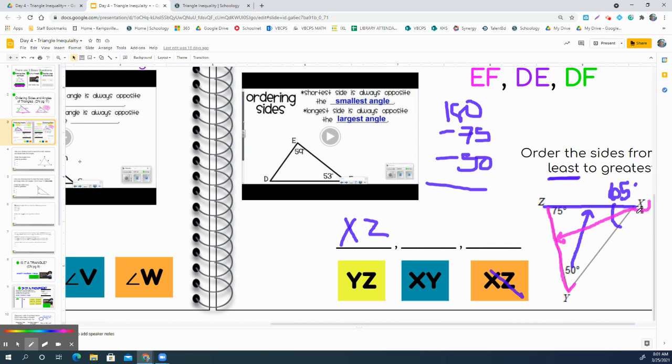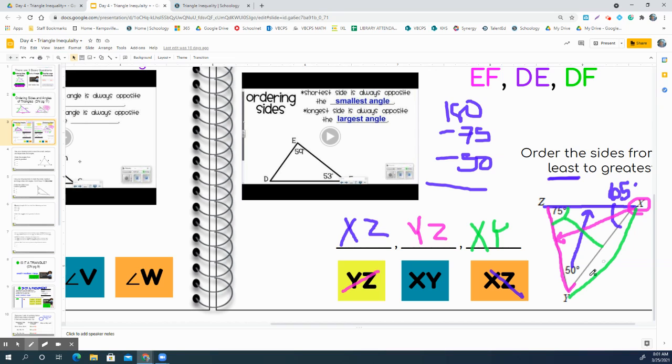So if X is the medium angle, 65 is between 50 and 75, then ZY, or YZ, is the medium. And then our last one, 75 is our biggest angle. So opposite the 75 is XY, and XY is our longest side. Okay. So you gotta have all 3.